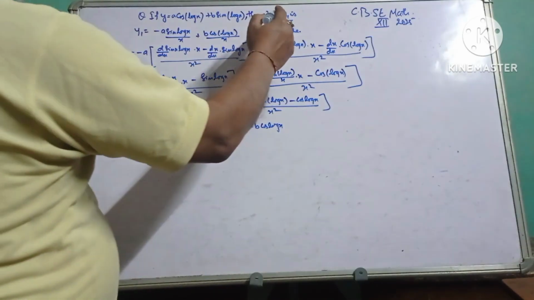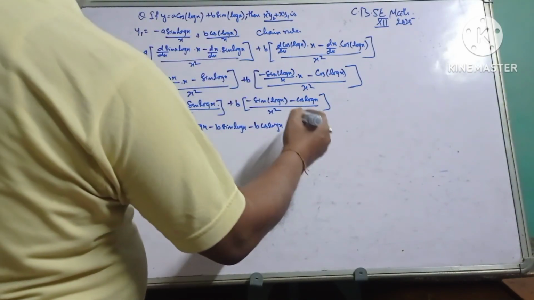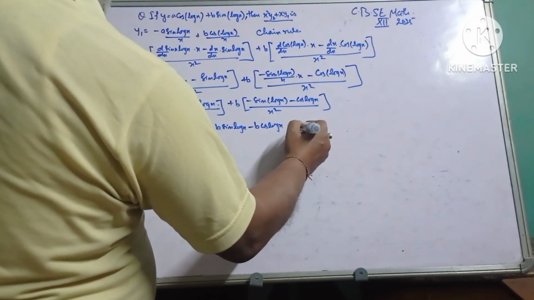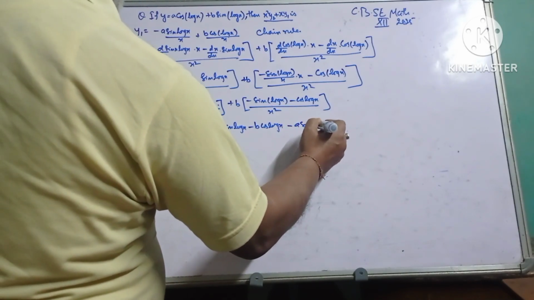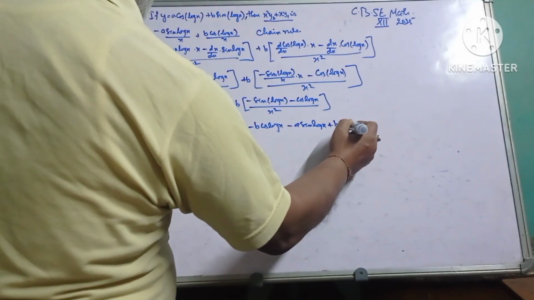And now x into y1, this x cancels out, so result will be minus a sine log x plus b cos log x.